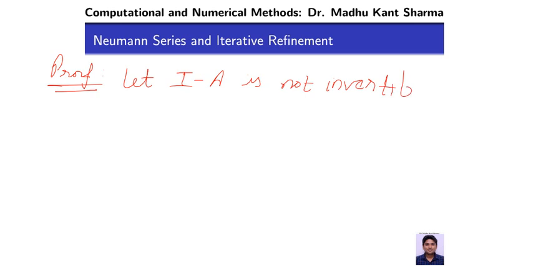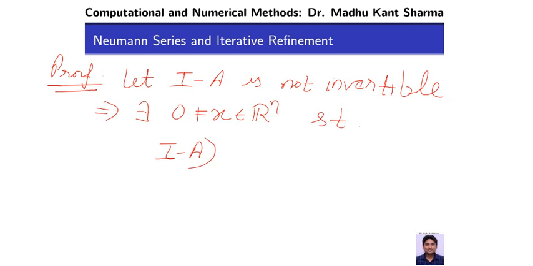Not invertible means it's a singular matrix, right? So this implies there exists a non-zero x in R^n such that (I minus A)x is equal to 0. This system will have a non-trivial solution. I hope you agree with this.